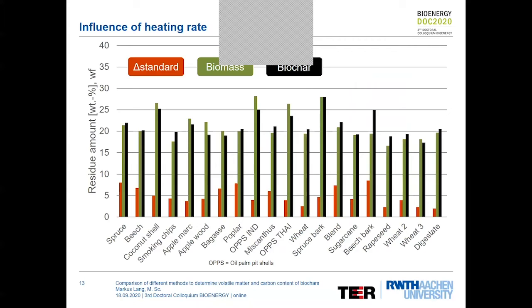And there you can see that the difference between both samples is not that big, most times lower than 5 weight%. So this confirms that the influence of heating rate is existent in this case.